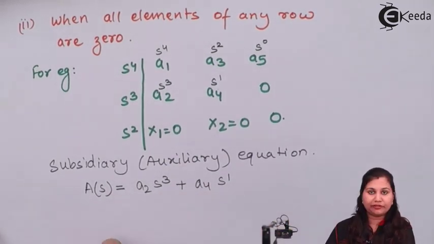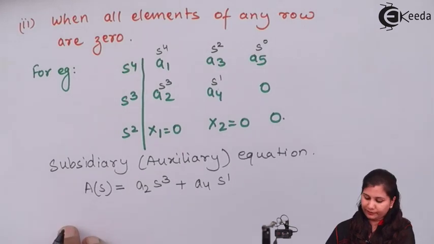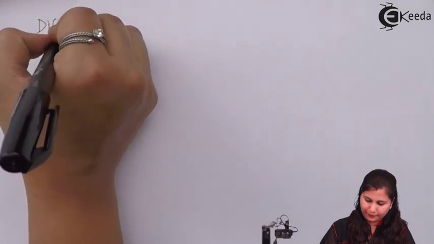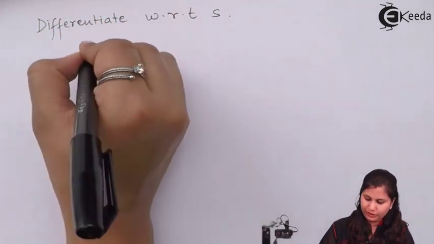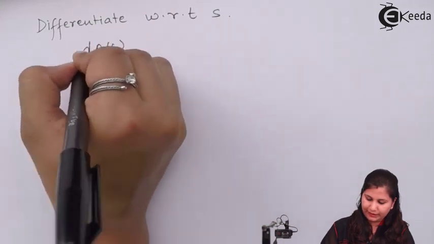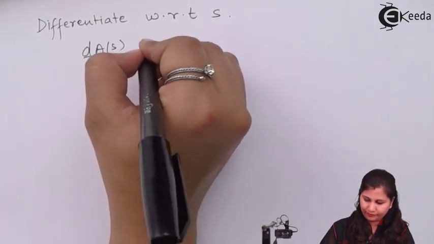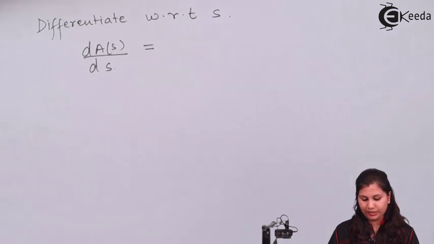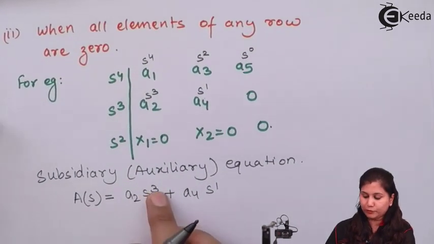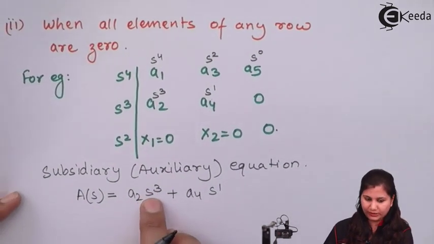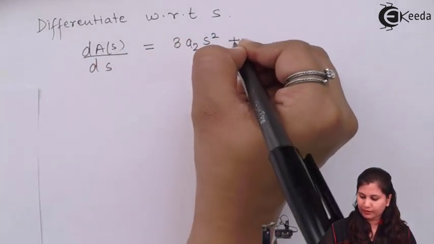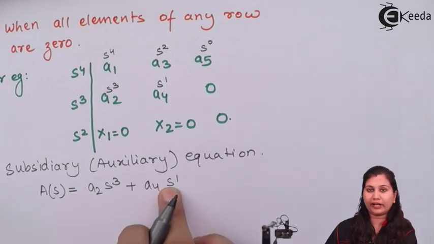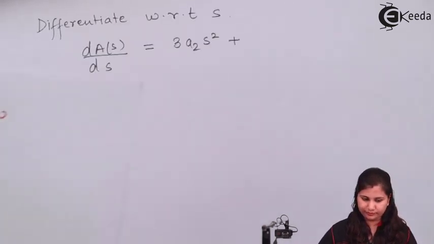Now we are going to differentiate this auxiliary equation with respect to S. So dA(S) by dS, here we are having S cube, so it will be 3A2 S square. And here we are having A4 S1, so it will be A4.